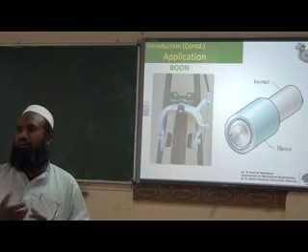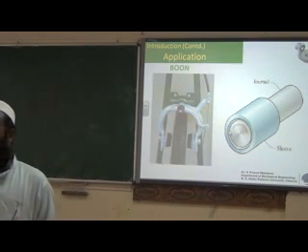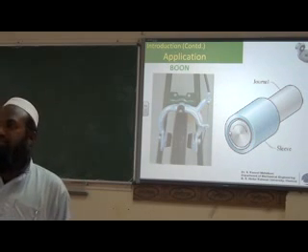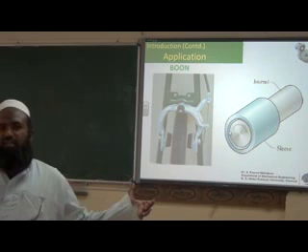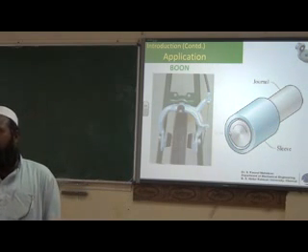This gap will suck the oil, so it will be dynamic in nature. Hydro refers to oil, some liquid is there. So this liquid is active, so we call it hydrodynamic lubrication. For example, in the crankshaft and all, we have such a kind of lubrication.